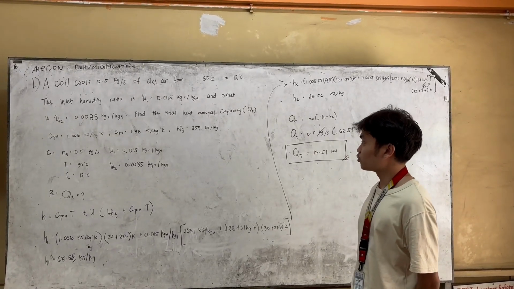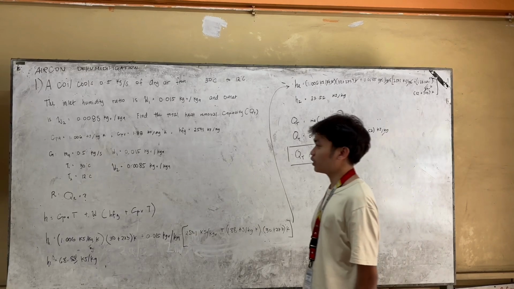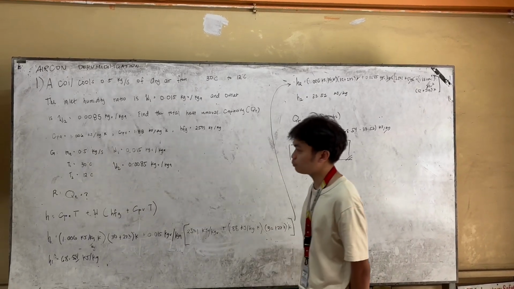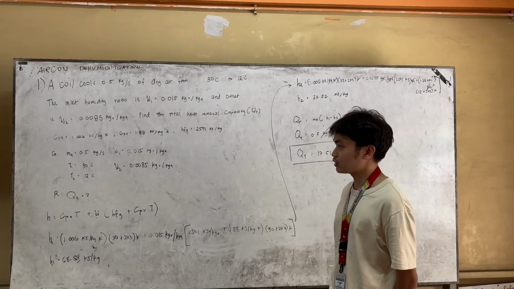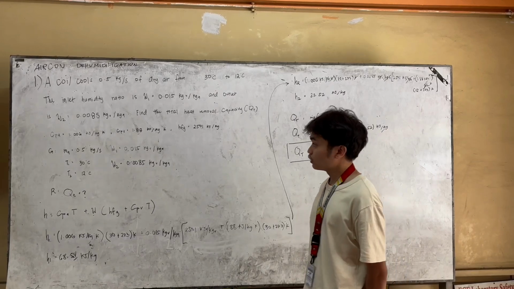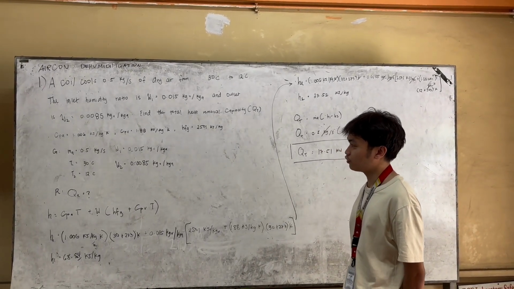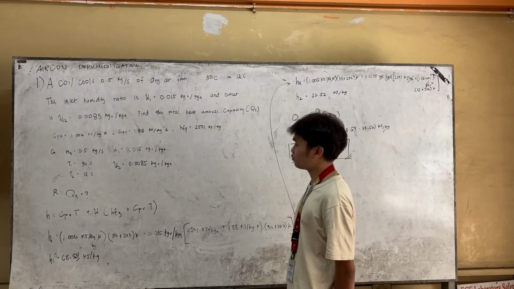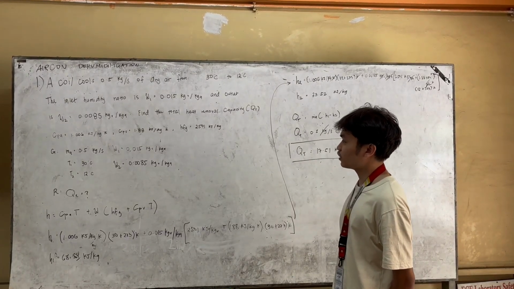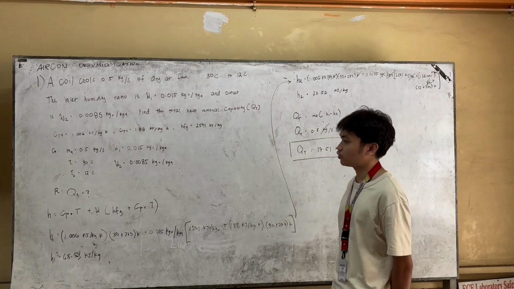Find the total heat removal capacity, which we have the constant values: the Cp of air, 1.006 kilojoules per kilogram Kelvin, and Cp of vapor, which is 1.88 kilojoules per kilogram Kelvin, and latent heat, HFG, which is 2,501 kilojoules per kilogram.